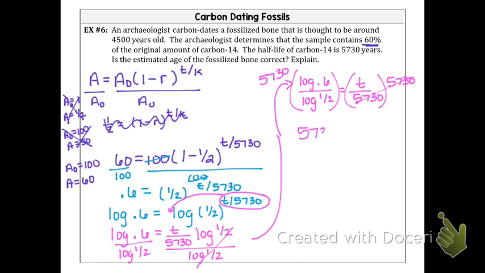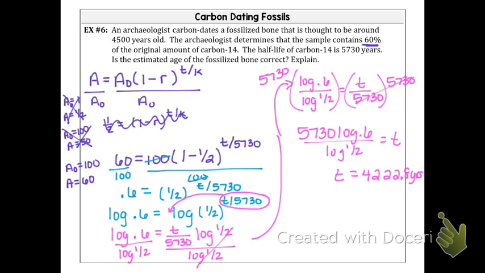So I got 5730 log of 0.6 over log of 1/2. And then I can just type that into my calculator, and I'll get that t is approximately 4,222.8 years.